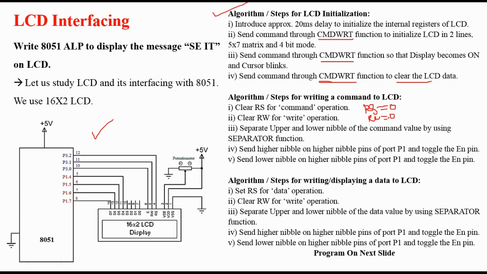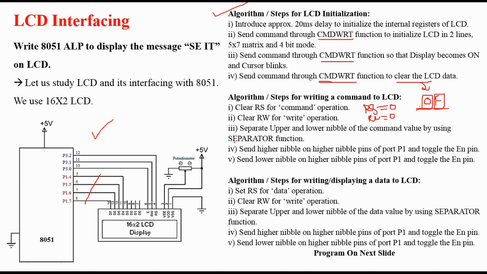And as we are working with 4-bit mode, we have to split the command into two. Let us suppose the command is 0F. Firstly, we will send the upper nibble, that is 0, and after that we will send F. So we have to split this number into two: one will be the upper nibble, another one the lower nibble.